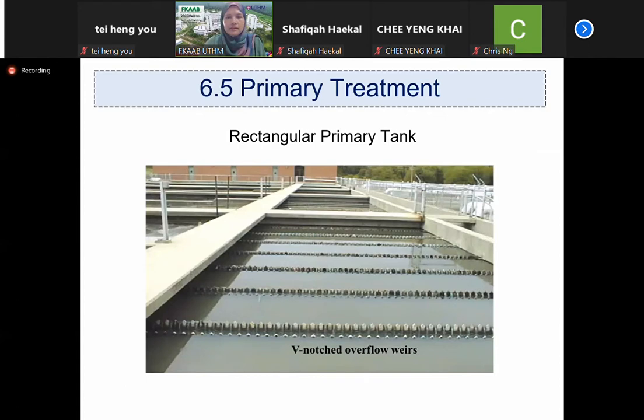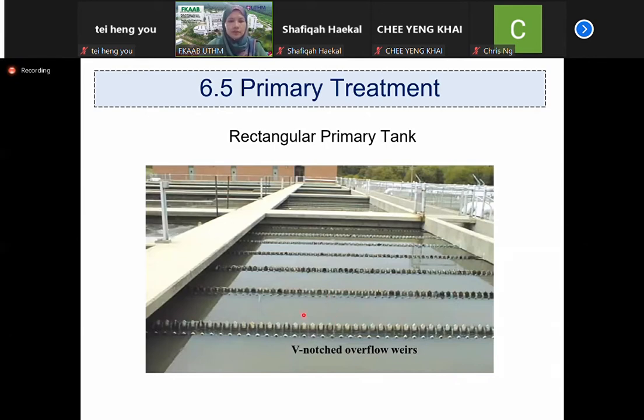There is a detention time required in this sedimentation process, which is 2 to 3 hours, to control the flow in here.